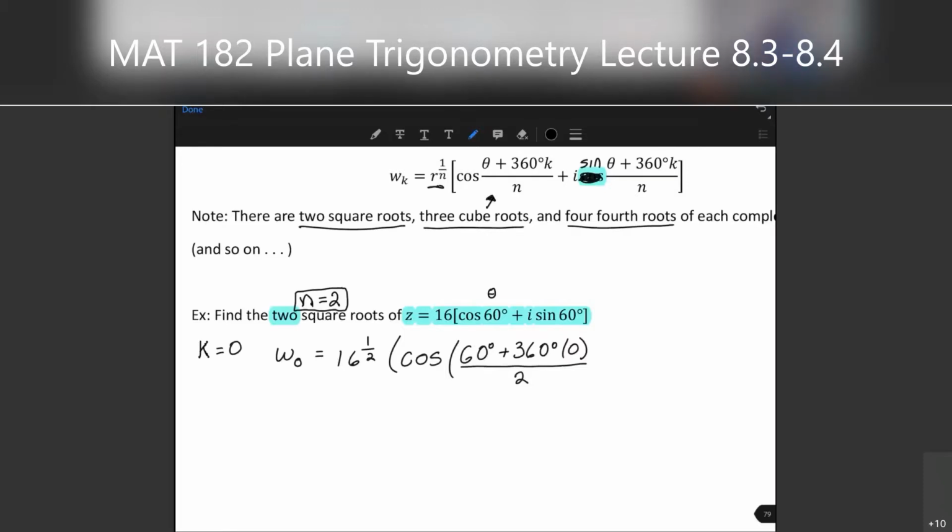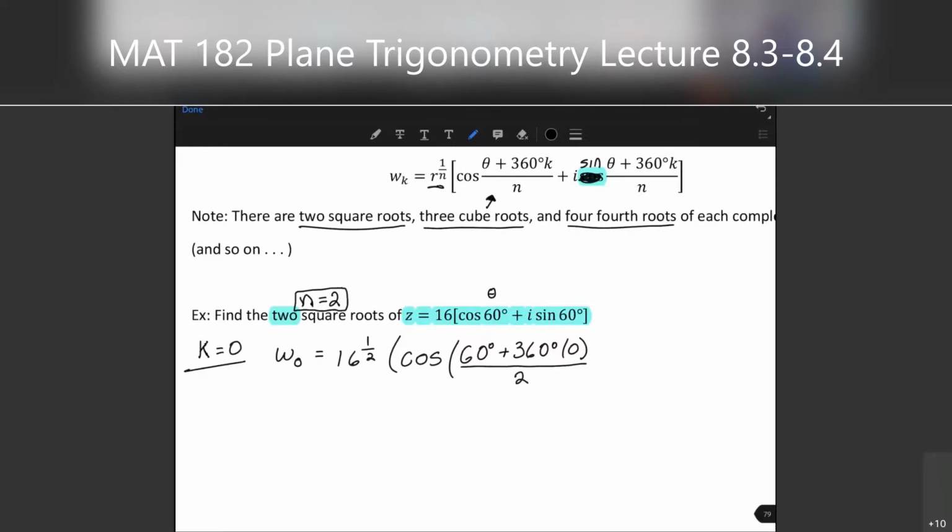I'll pause here to look at that cosine. So we're doing cosine of our angle plus 360 times k. In this case, k happens to be 0 to start. And then we're always dividing by the index of our root, which happens to be 2 here.